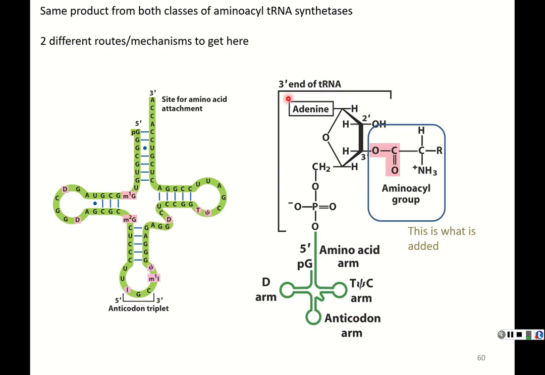So all of this sequence is really sort of irrelevant. What we really care about in the tRNA is the anticodon and the A group at the very 3' end of it. Okay, and that A group at the 3' end will have a phosphate group.